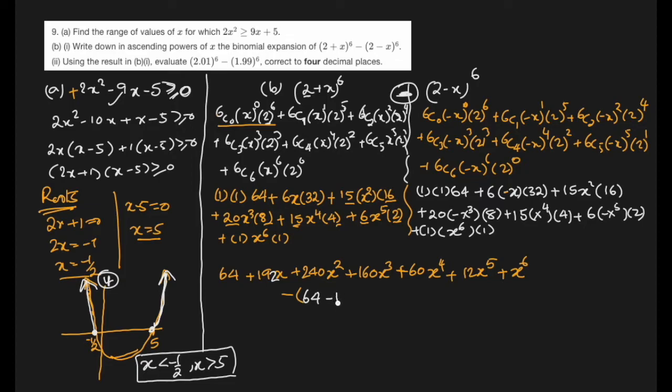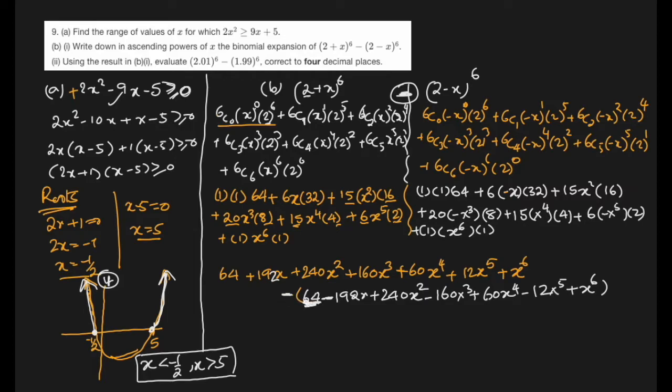So minus 192x plus 240x square minus 160x cube plus 60x to the power 4 plus minus 12x to the power 5 plus x to the power 6. Now look, because of this negative, whichever are positive will become negative, and whichever are negative will become positive.